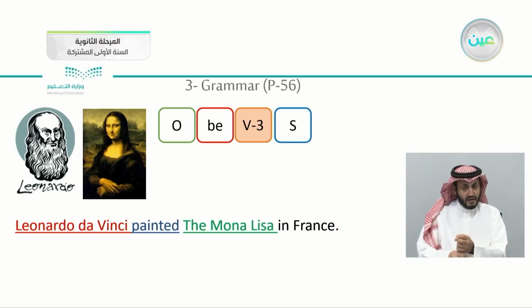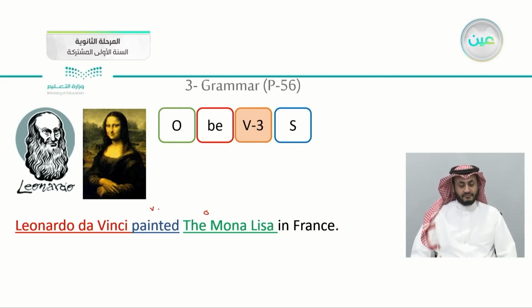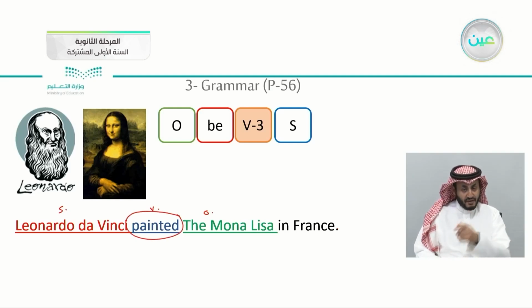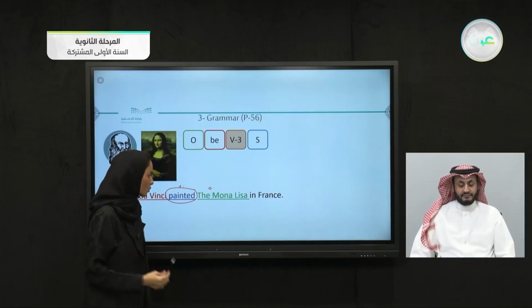I will take it out. Painted is the verb. The Mona Lisa is the object. Notice the tense of the verb here is in the past. Painted years ago in France.